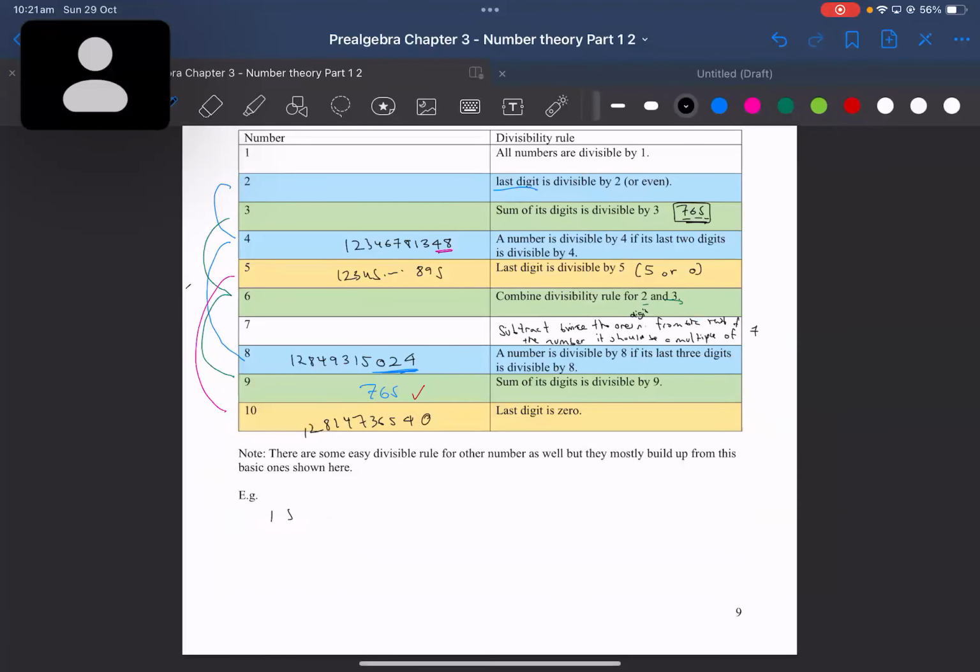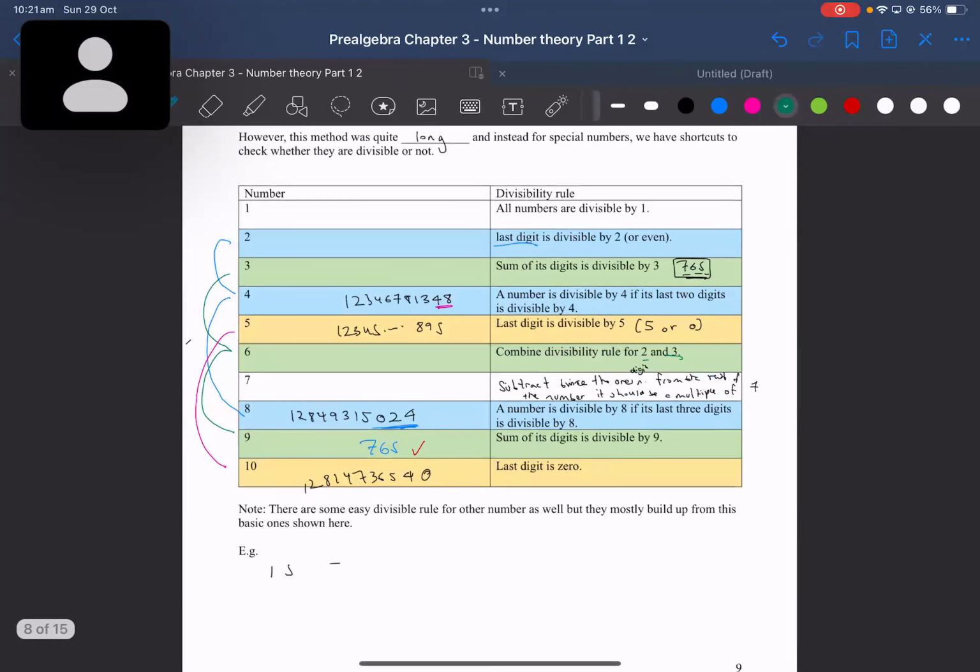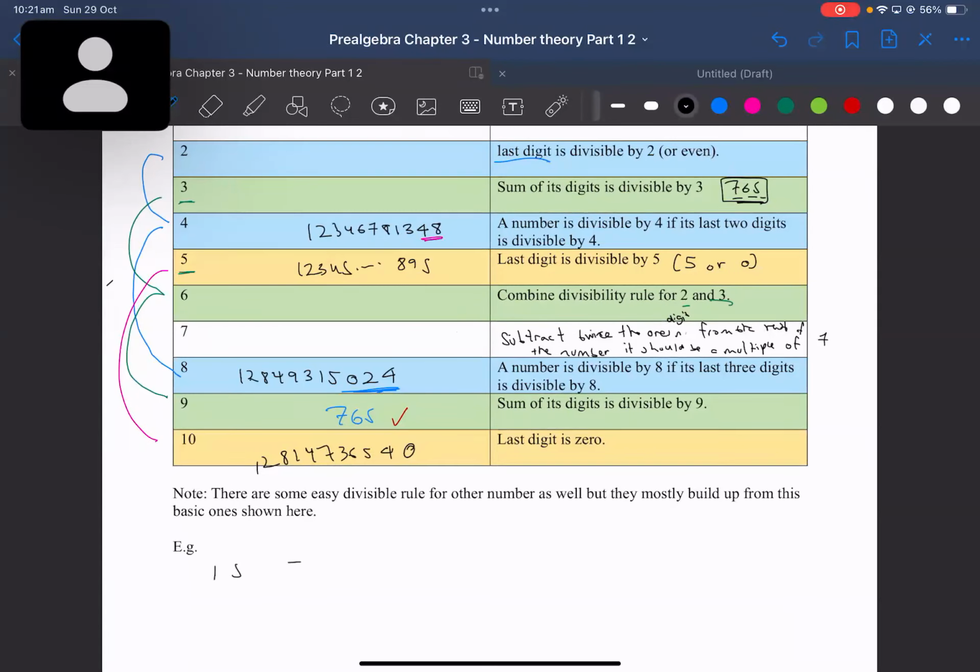You know what 15 is? You combine the rules for 3 and 5 together. 15 is really easy. You check that the last digit is 5 or 0, and then you also check if it's a multiple of 3, so you check that the sum of the digits is divisible by 3.